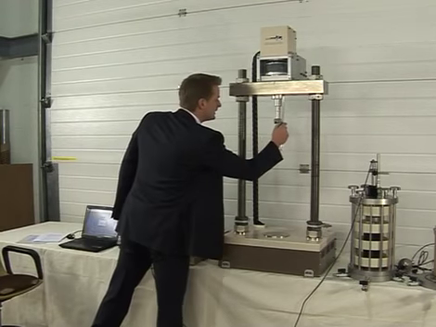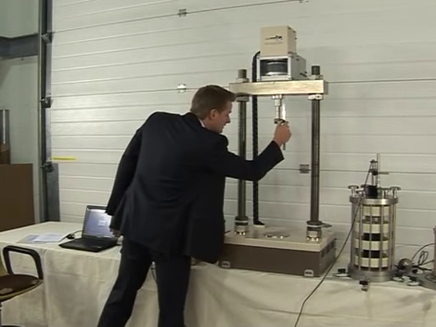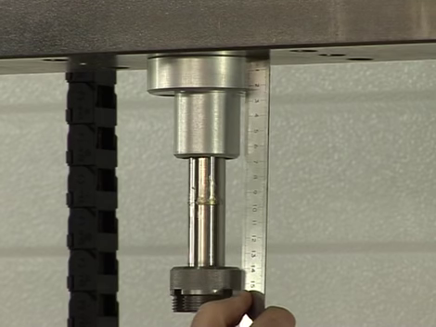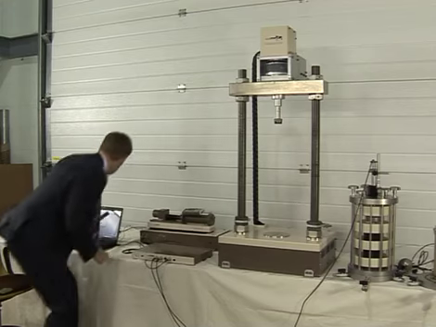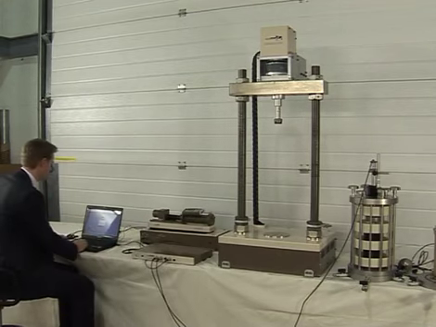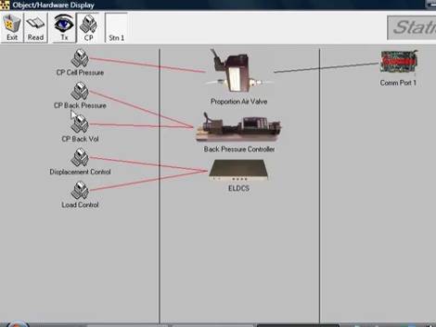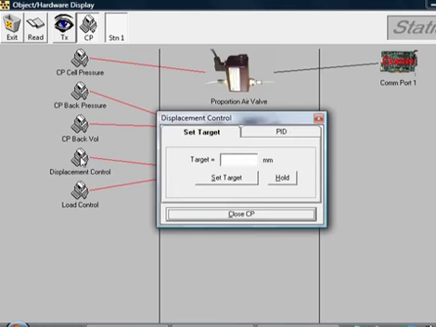If I measure here that the RAM is pretty much 140 millimeters from the crosshead, if I come back to the computer and select CP, or control parameter, click on displacement control, and I set a target displacement of 20 millimeters.